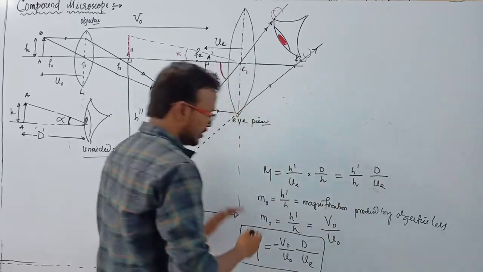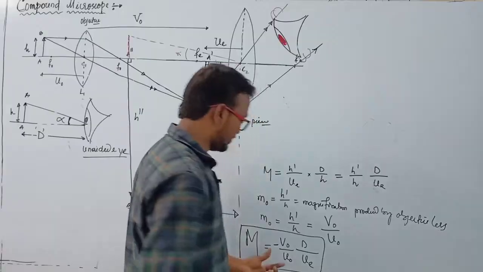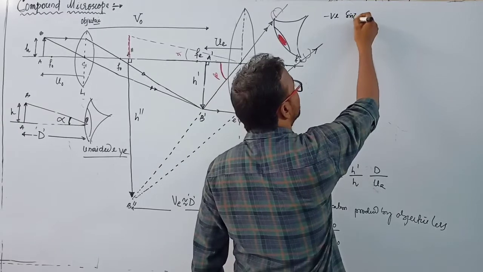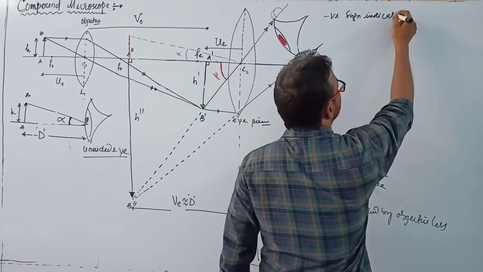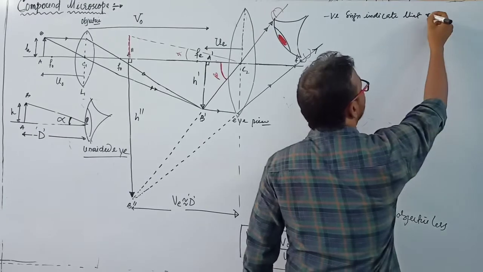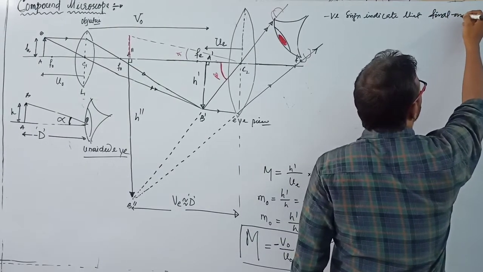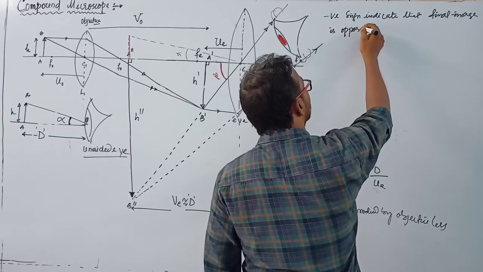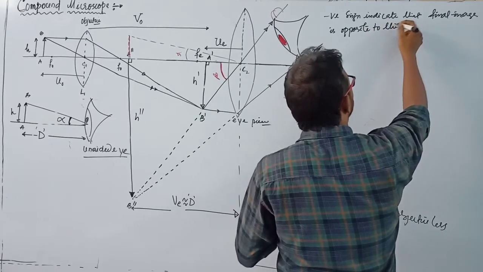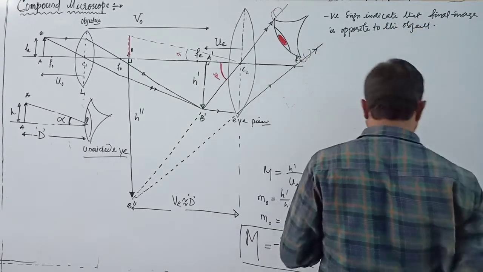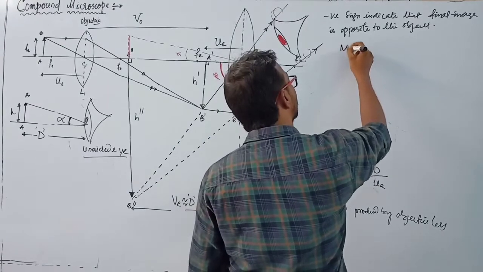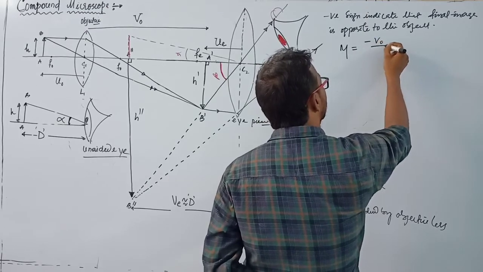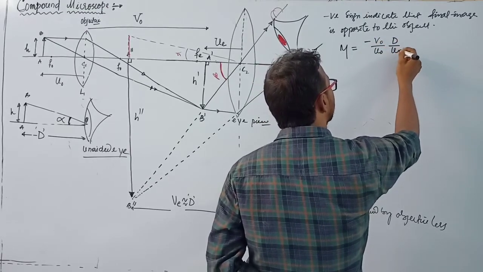So you write the magnitude, and finally you place a negative sign here, and the negative sign indicates that the final image is opposite to the object. Clear? So this is the general formula. Magnifying power of a compound microscope is m equal to minus v naught by u naught into d by ue.